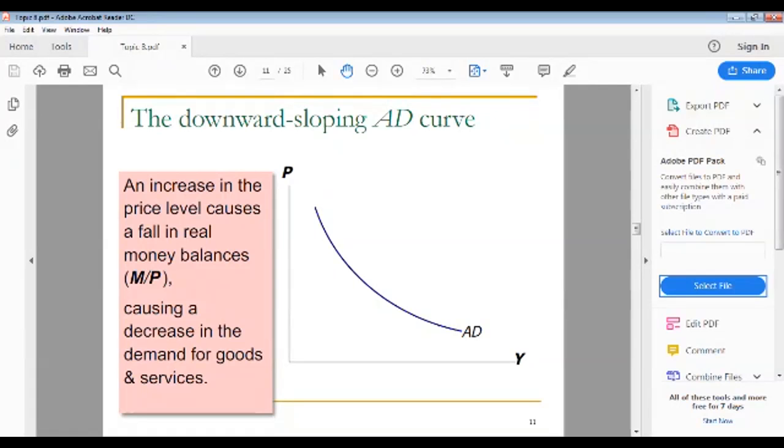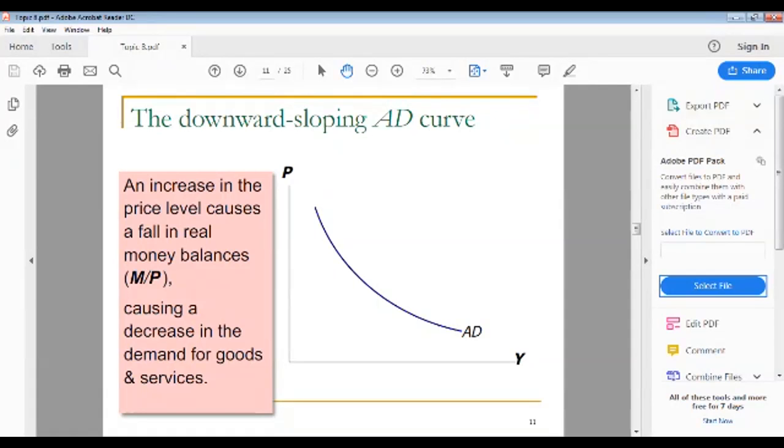The denominator getting larger means people have less demand for real money balances, so their overall demand for all goods and services is going to fall, because they're not going to be demanding as much cash as they typically were. Basically, relatively speaking, things are more expensive. So that's why we're way up here.